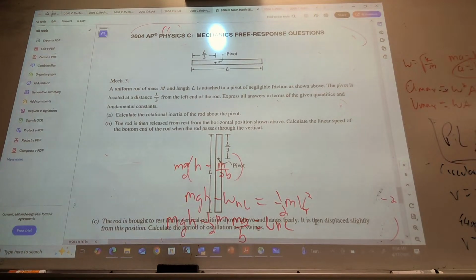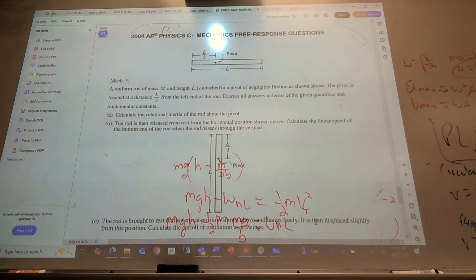You're going to have to use the parallel axis theorem. Do you remember that? It's in your pack. It's on page 4. To get the inertia through a parallel axis, I have it there at the top.